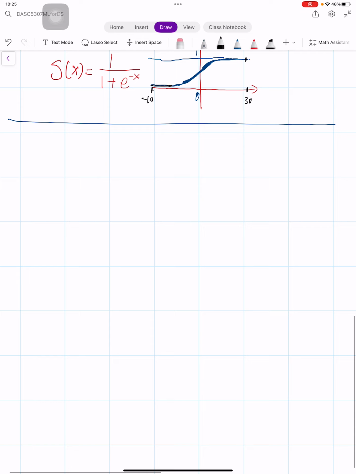Okay, in this video, I will talk about basic notations about neural network with one hidden layer. Suppose we have the input layer, which means how many features we want to input.